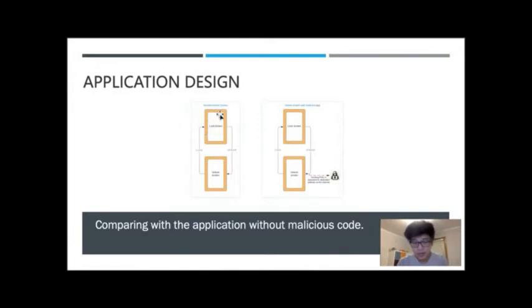When they unblock the screen, it just unblocks and blocks the screen like normal. But when they start the application with malicious code and unblock the screen, it's going to send the data, where they tap on the screen, to a dedicated address on the internet.